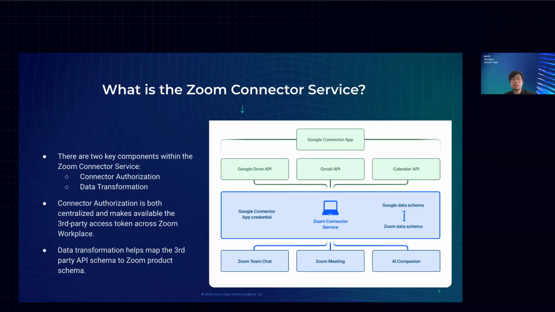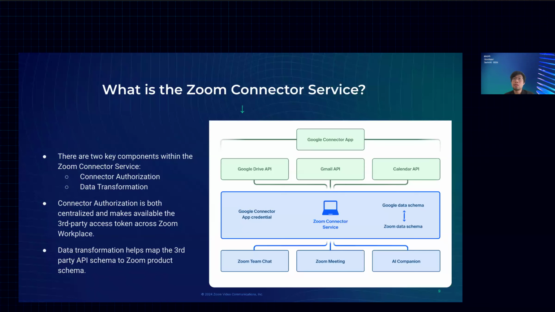The connector service and framework really aims to simplify all of that for a developer. There are two critical components in the connector service. One is the connector authorizations. The other part is the data transformation. So in the connector service, as you can see in this example, the connector service and framework is handling the Google Connector app credentials.